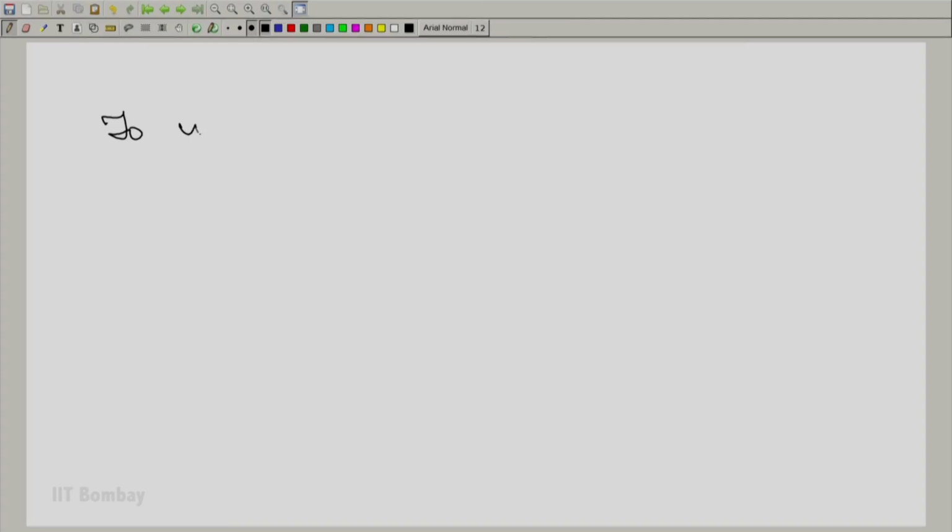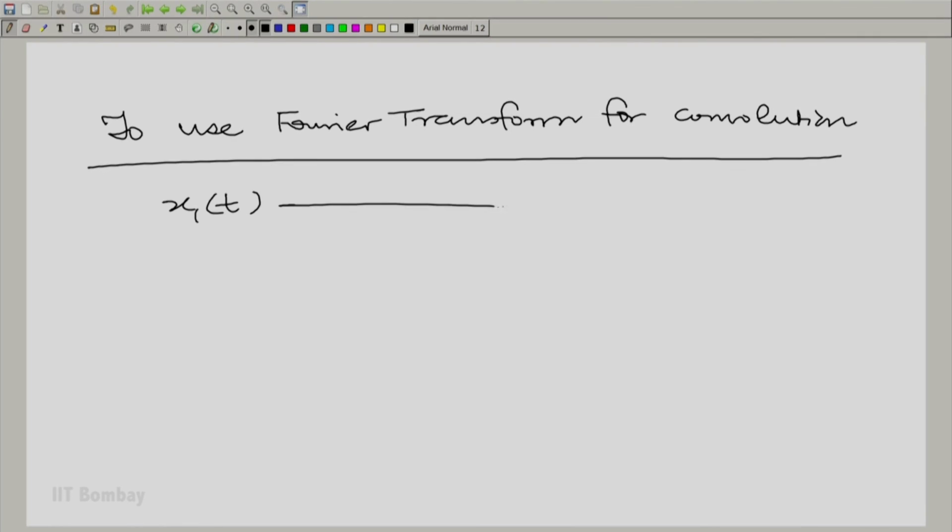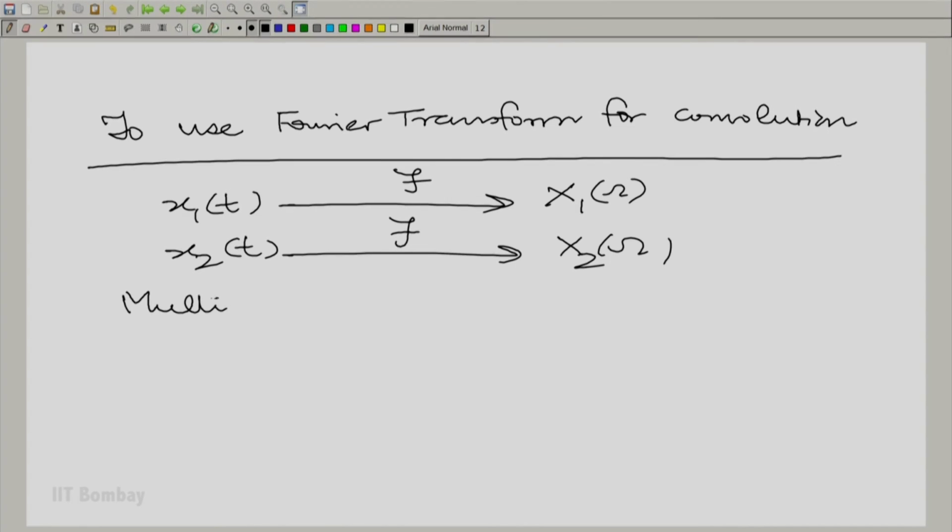What would you do if you wanted to go to the Fourier domain? Let us put down the steps. If I wanted to use the Fourier transform for convolution, how would I do it? I would Fourier transform x1(t). Similarly, x2(t), I would take a Fourier transform.